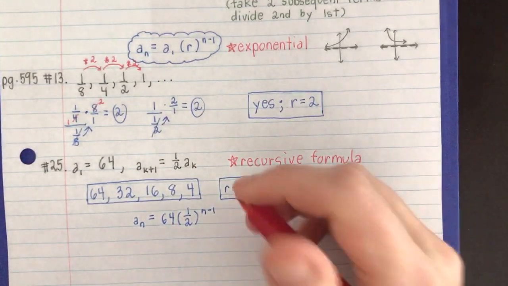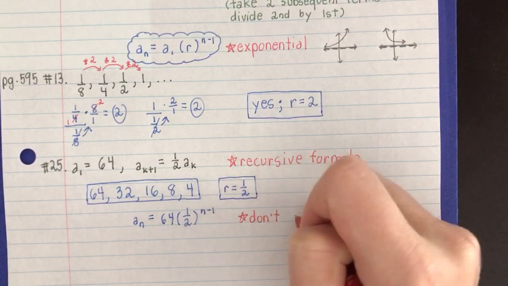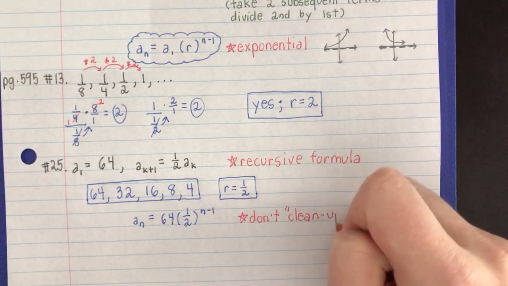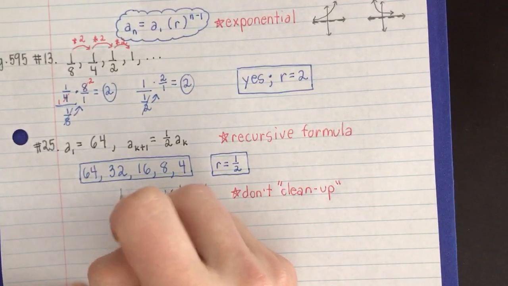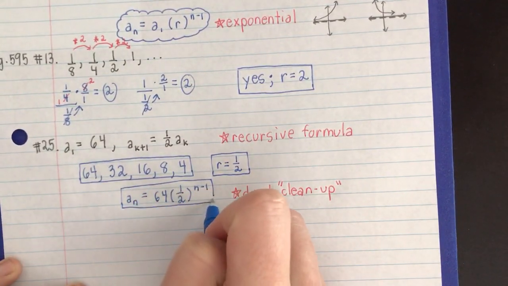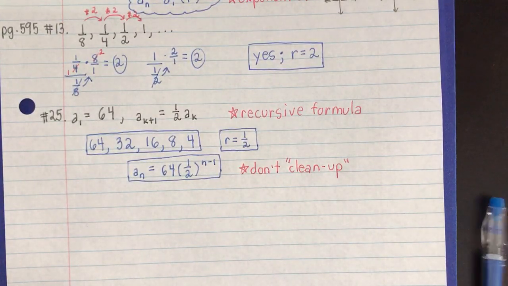In this case, we are not going to clean up. This is it. That's our final answer for our explicit formula. Recursive is what was given. So that's number 25 in the book.